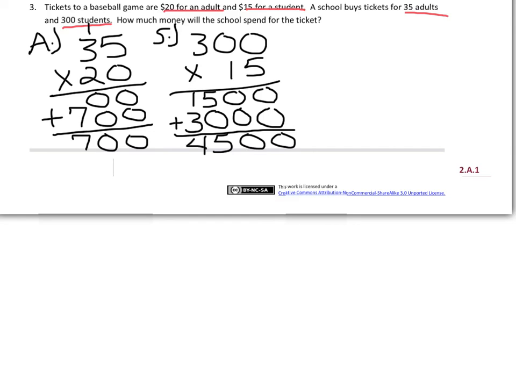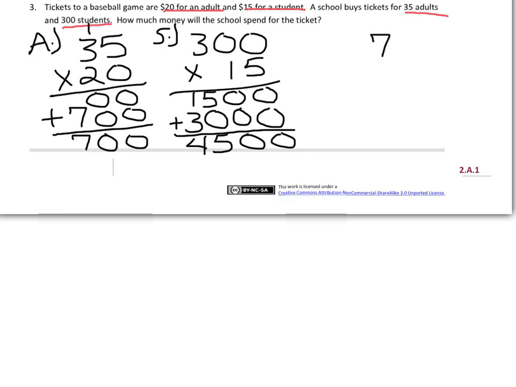Now we have found out that adult tickets are going to cost $700 and student tickets are going to cost $4,500. The question, however, says how much money will the school spend for the tickets? So we need to add these two totals together.